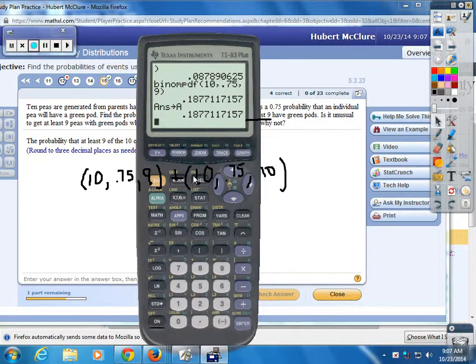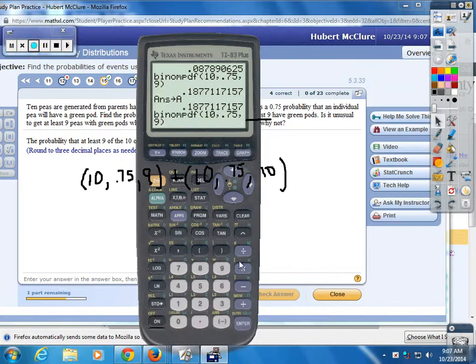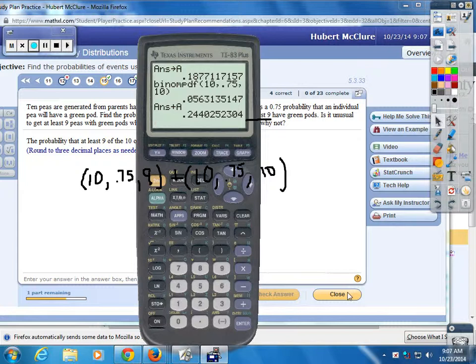Then you take this one, so second function entry, second function entry, and 10. Enter. And add it to alpha A. And I get 0.244. So you got a 24% chance.